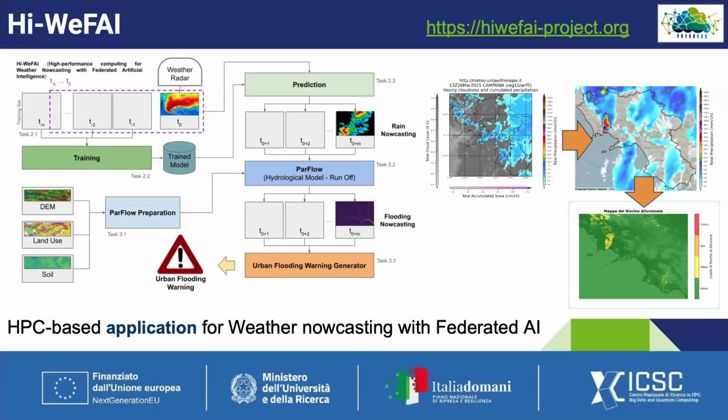In this way, the model produces 60 images that are basically 1 hour in the future relative to the time of the latest image received. Basically, we predict in a really short time horizon what will happen on a local scale in terms of rain, in terms of precipitation.